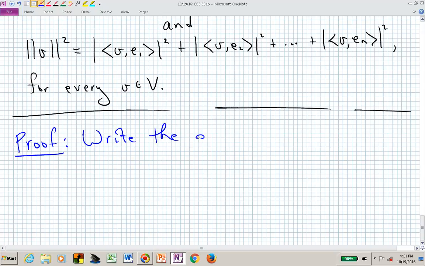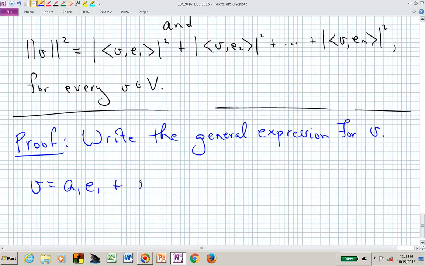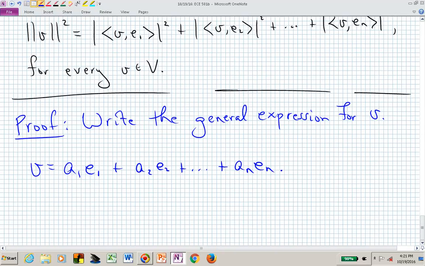Let's write the general expression for this vector v. Let's say that it's a1 e1 plus a sub 2 e sub 2 plus a sub n e sub n. That's our general expression.